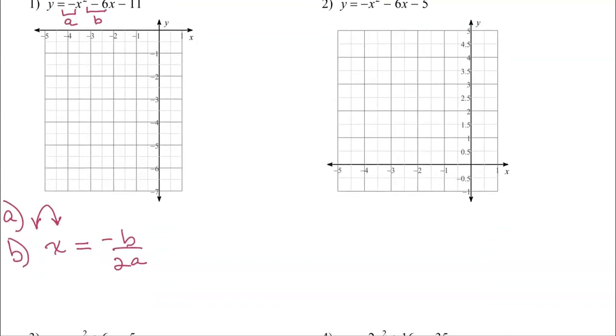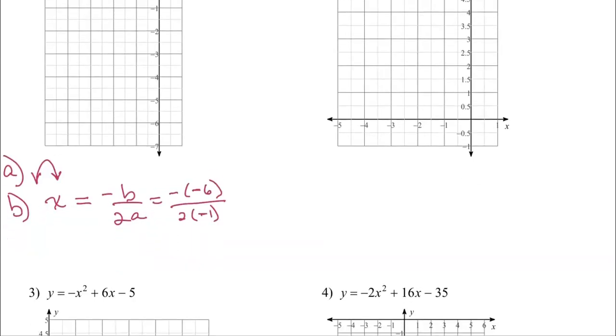So if I want x to equal negative b over 2a, that means it's going to be negative 6 over 2 times a negative 1. Okay, so what does that give me? So negative 6 gives me a positive 6, and 2 over negative 1 gives me a negative 2, and that equals 3. So far, the x of my vertex is negative 3.